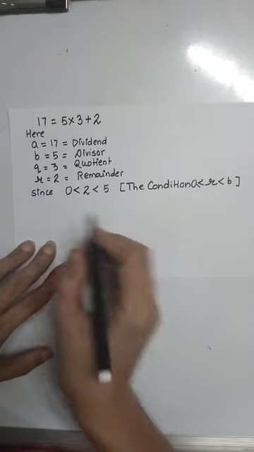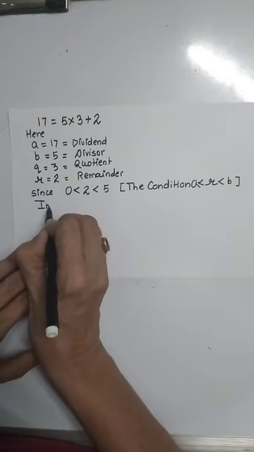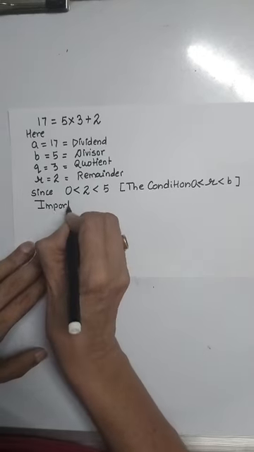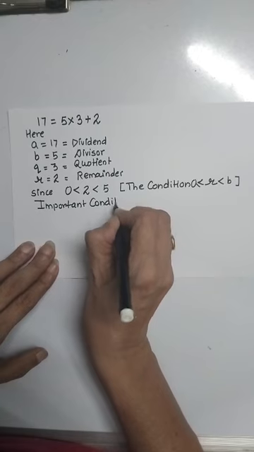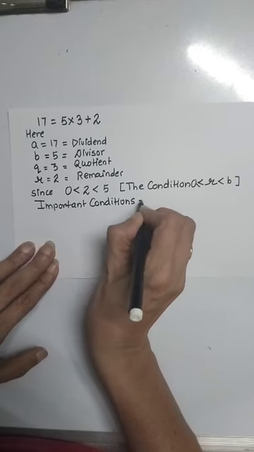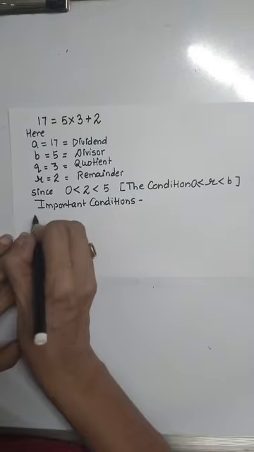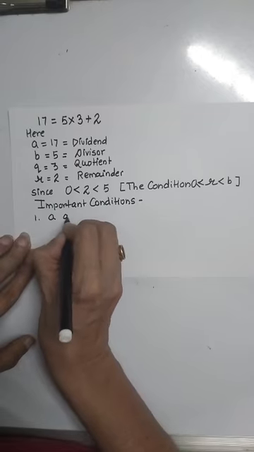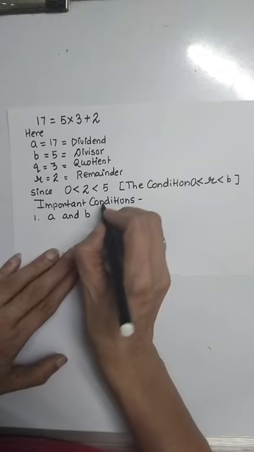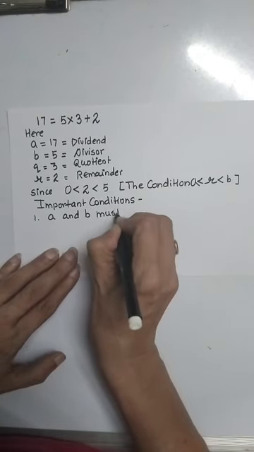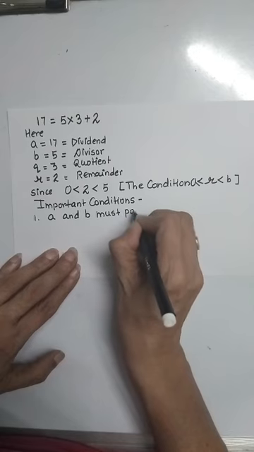So these two important conditions are, first, a and b must be positive integers.